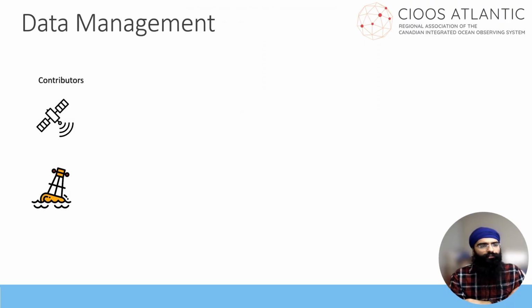I'll just explain briefly what the data management pipeline is. In the first step, we have different contributors, meaning those who actually send the data. They might be coming from satellites, like weather satellites or other types of satellites, and they may come from the buoy, which is the yellow icon.